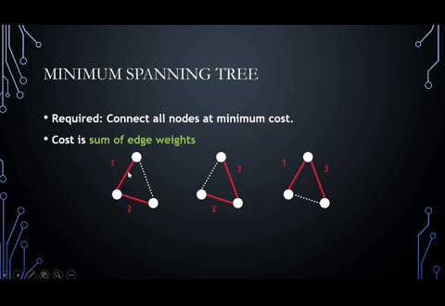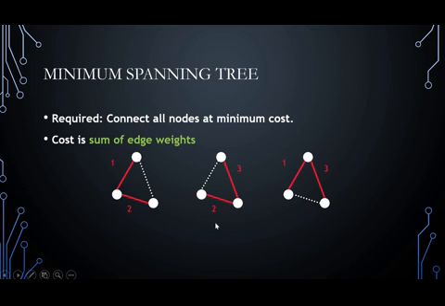I can take edge number 1 and edge number 2. This will also form a spanning tree. I can take edge number 3 and edge number 2. This also forms a spanning tree. I can take edge number 1 and edge number 3. This also forms a spanning tree. All these are possible spanning trees of the graph.